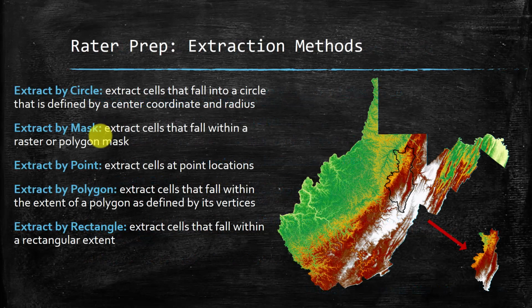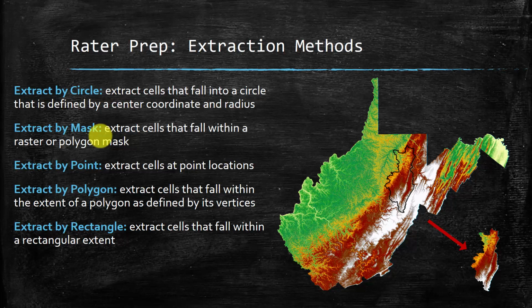Just as some side notes, there are ways to do some pre-processing outside of R. I personally find that I like doing my data prep in GIS software like ArcGIS. So here are a few side notes on techniques that you might use to prep your data. You may want to extract a subset of your raster data.